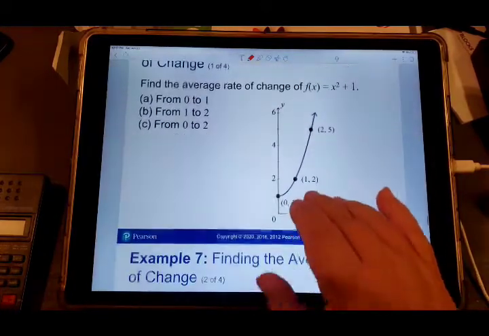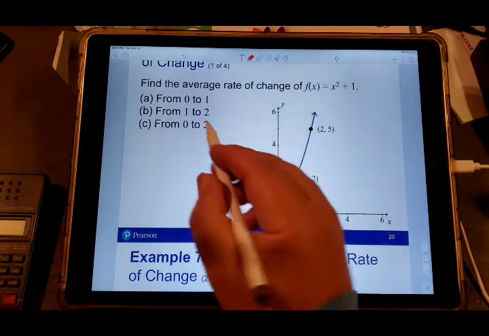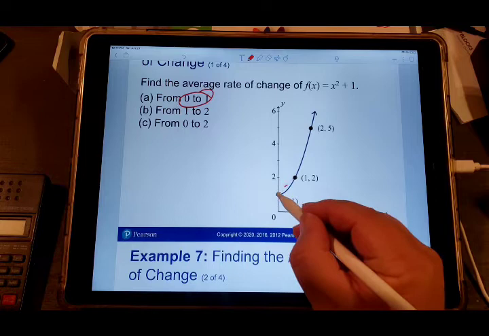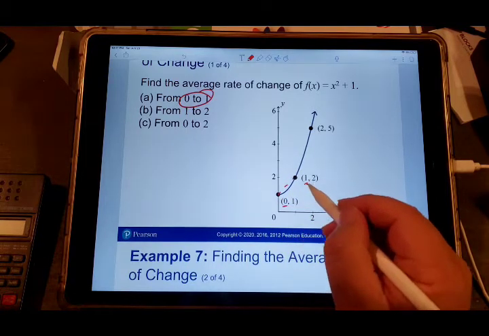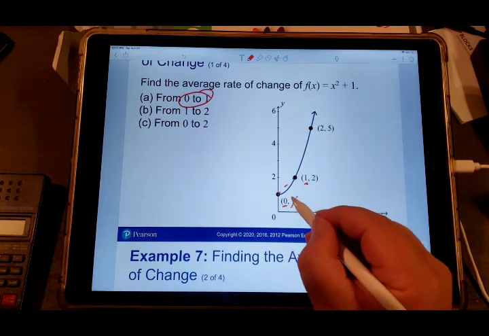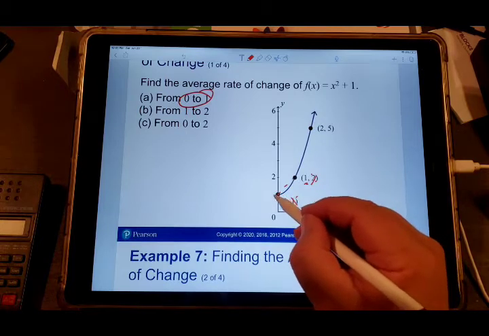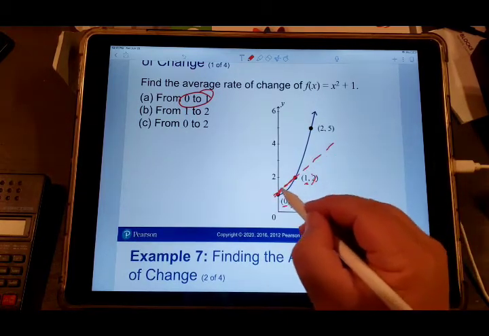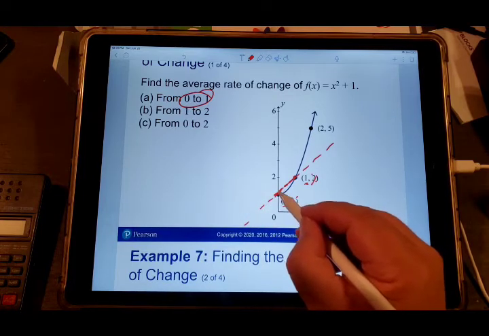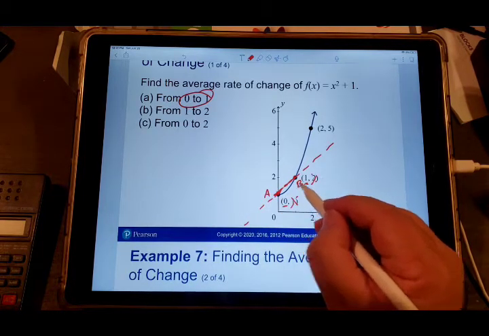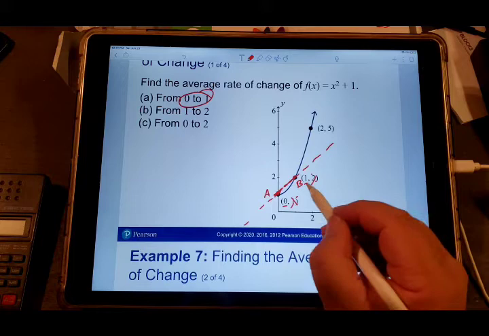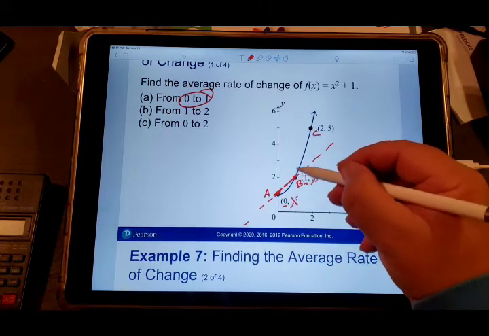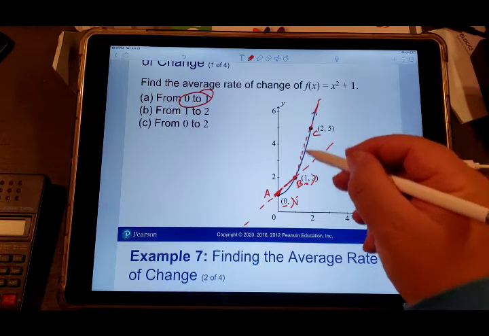It's the average rate of change between 2 points. So from 0 to 1, there's an average rate of change from x equals 0 to x equals 1. I'm ignoring these for now and just looking at this. The slope of this line is the average rate of change from, I'll call it point A to point B. Now, they did say from 1 to 2, and that's a totally different rate of change.